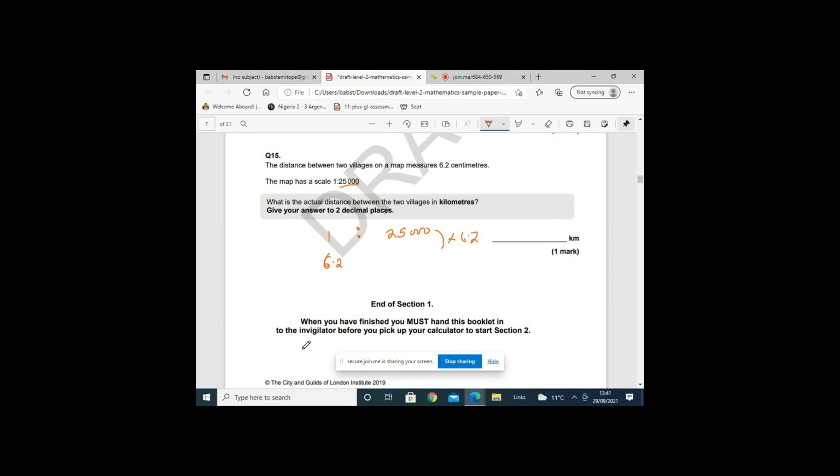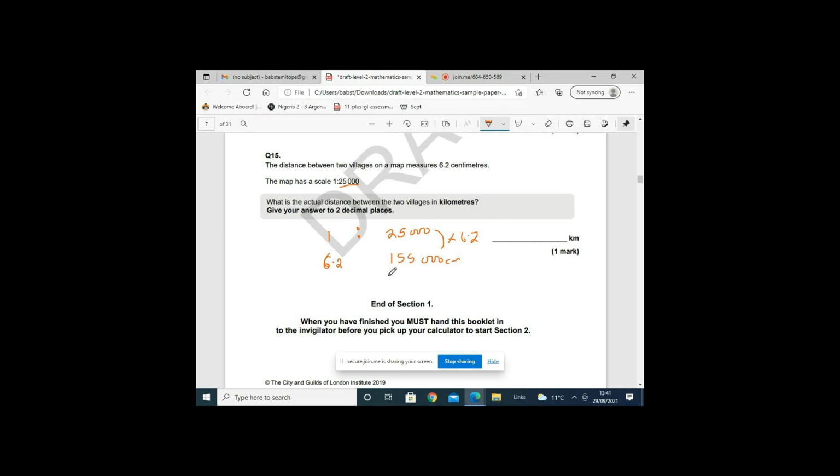25,000 times 6.2. 25,000 times 6 is 155,000 centimeters. So you now convert this to kilometers. If you want to convert to kilometers, the best thing you do is convert it to meters first.